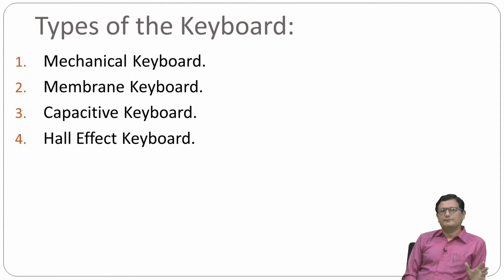We will not go into the detail of these types, because you can gain that knowledge by reading; in your book I have described the different types of keyboards nicely. You just go through it and you will come to know the differences between them. But you should know the different types: mechanical, membrane, capacitive and Hall effect keyboard.